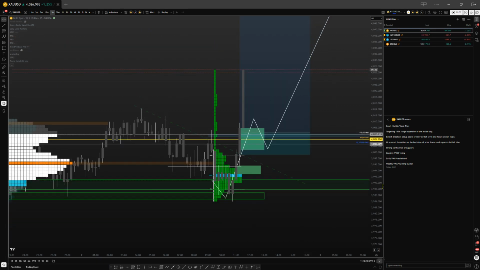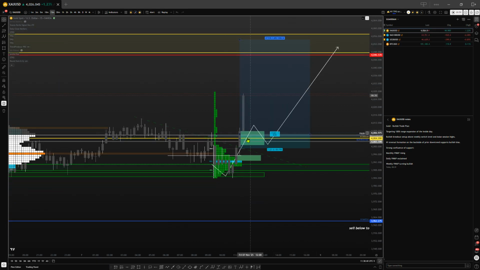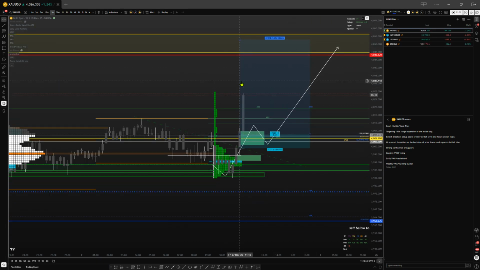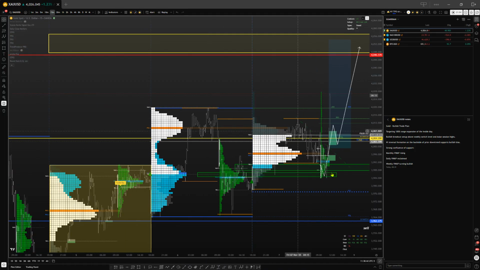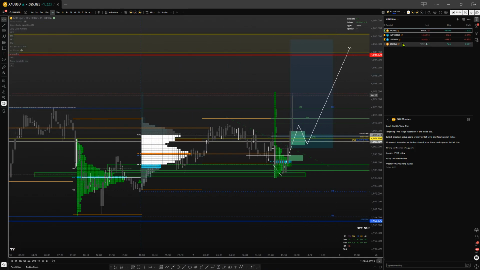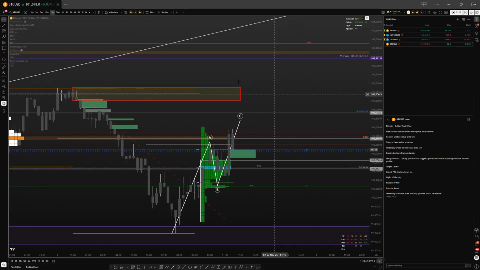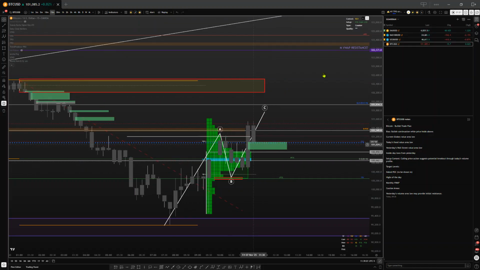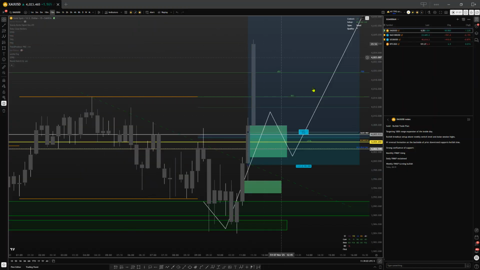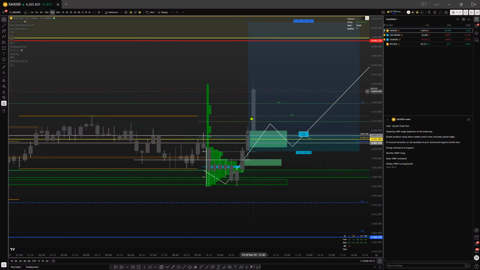Isn't that a bitch? Had that called from the start of the day. But it was Bitcoin that gave us the entry first of all. So I was baited in on Bitcoin, and this has just been an absolute disaster. Well, not disaster, it's going the right way, but painfully so. Whereas, look at gold. That's what we're looking for. That's the trade of the day.